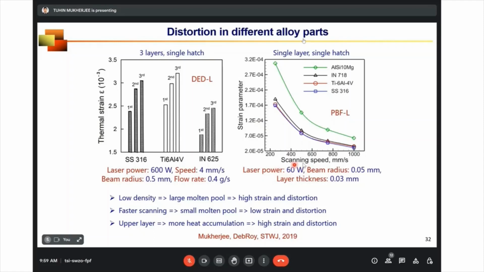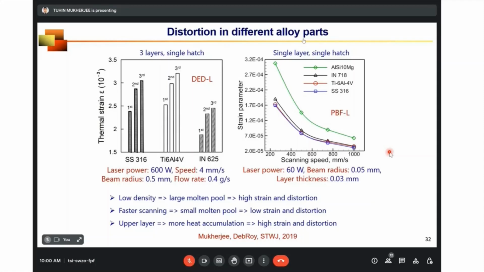In contrast, if we go slowly, we form a smaller molten pool, which is beneficial for reducing the thermal strain. And here, if you compare all the alloys, aluminum alloys, because of their low density, form the largest molten pool among these four common alloys, and have the highest susceptibility to strain and thermal distortion.